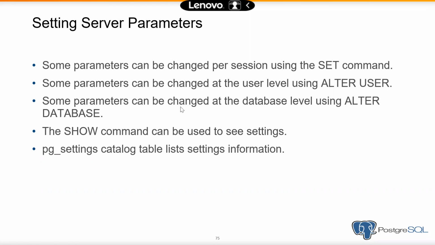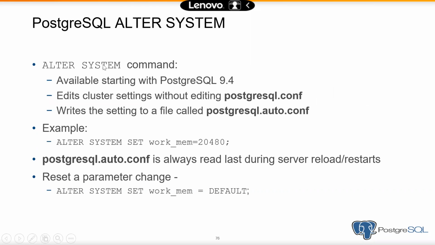And there is one more level, that is the system level. As a DBA, database administrator, I want to make the changes at the server level. You can say alter system set work_mem to 20 MB. If you want to make the changes at the server level, you can use alter system.